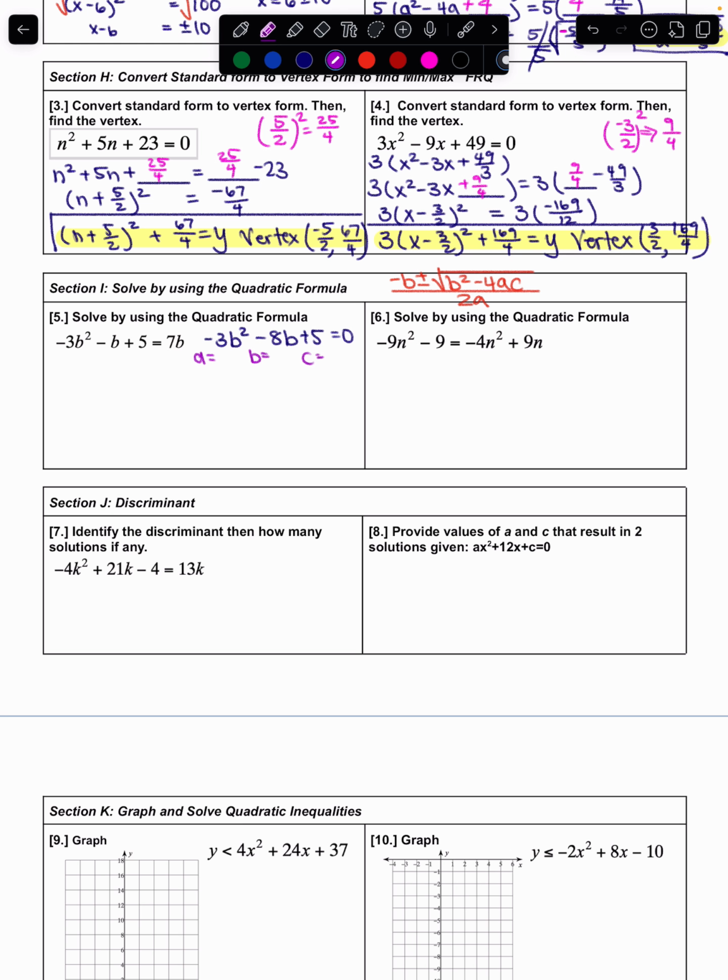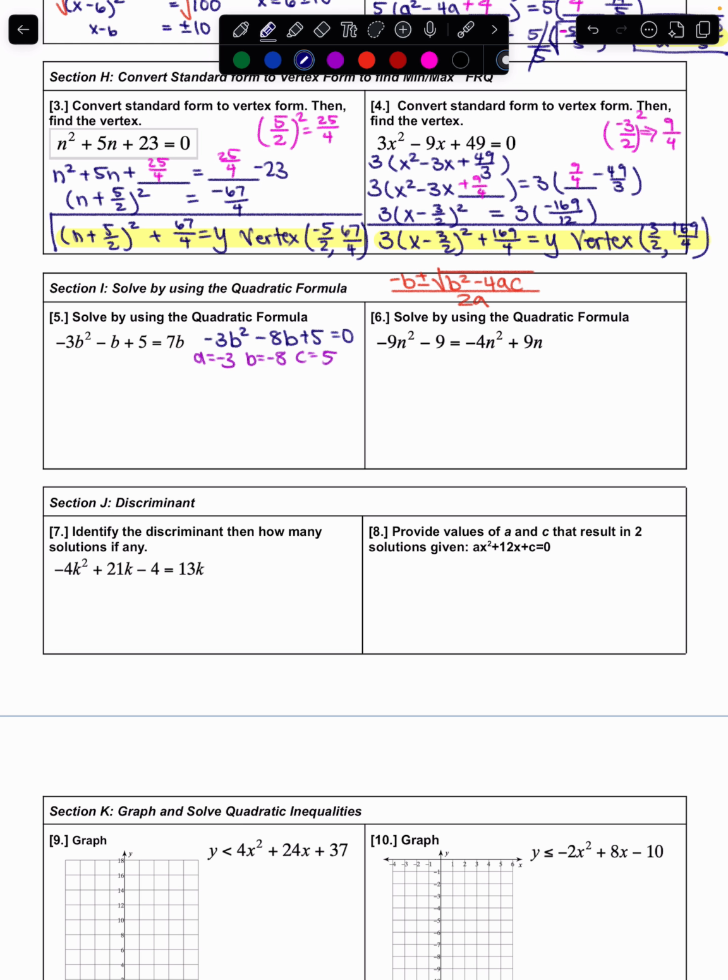The reason I recommend writing them down is that if I just put b right here, I might accidentally see it as 8, but b is not 8. So please write down a equals, b equals, and c equals. I can identify my a value is negative 3, my b value is negative 8, and my c value is 5.